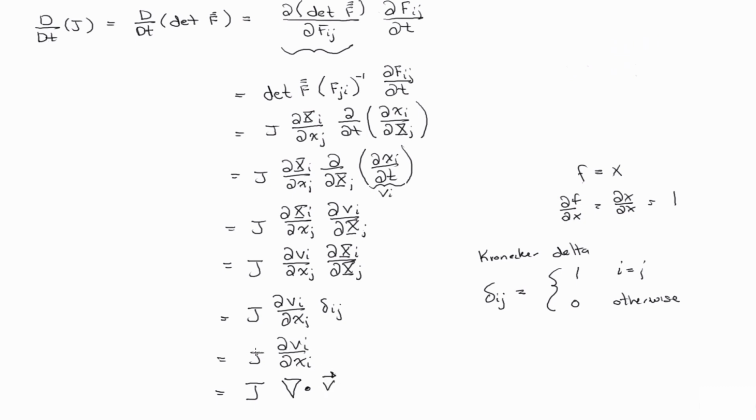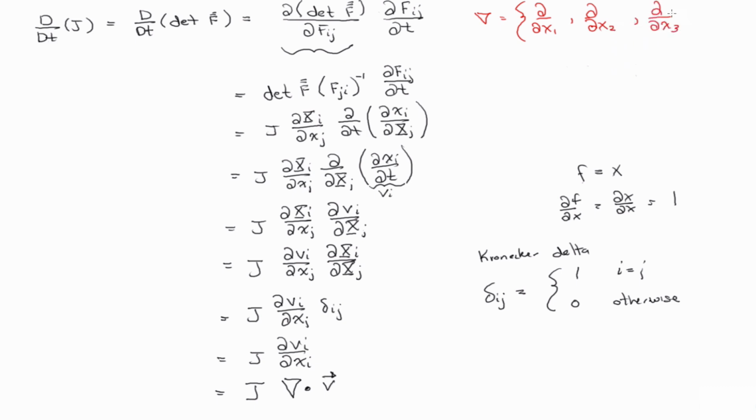And where that comes from, the divergence operator, is this nabla operator, or the gradient operator. It's like a vector that's like partial x1, comma, partial x2, comma, partial x3.